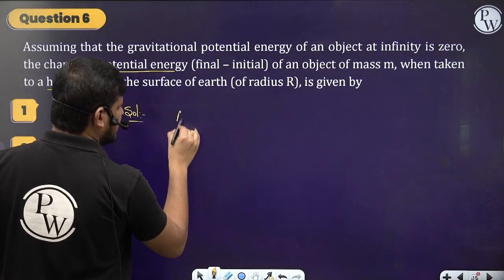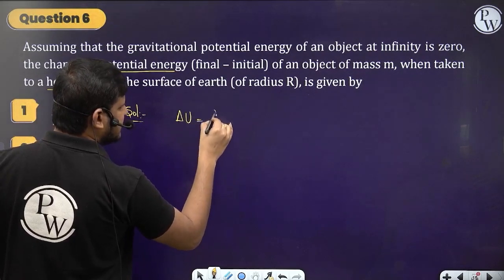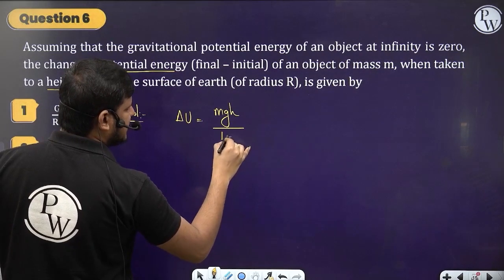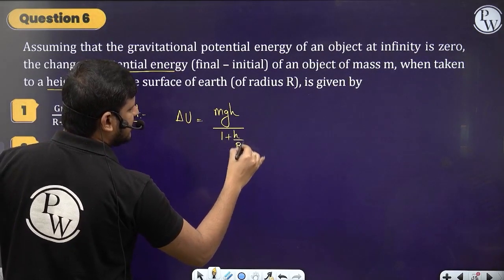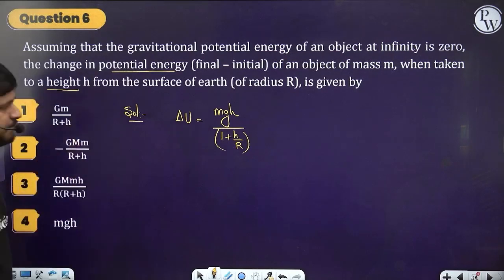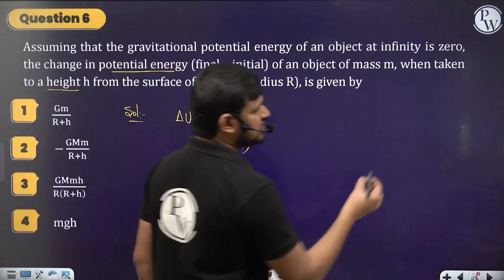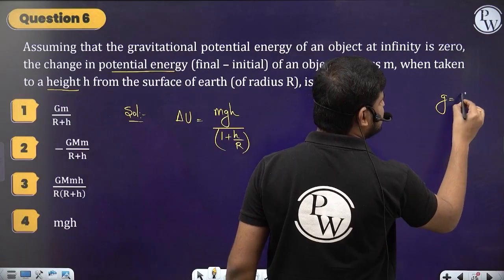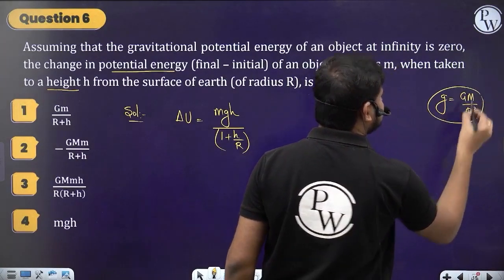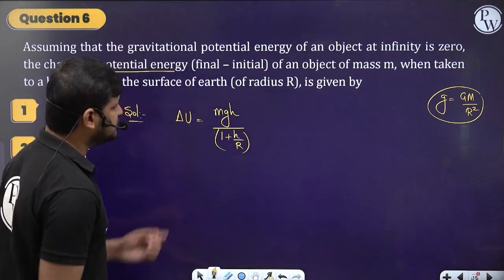The change in potential energy, delta U, is mgh by 1 plus h by r. But actually you need it in terms of capital G and capital M. So the small g is equal to GM by r square. Let's substitute that here.